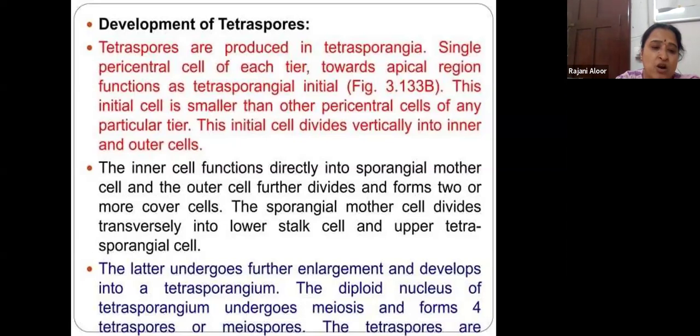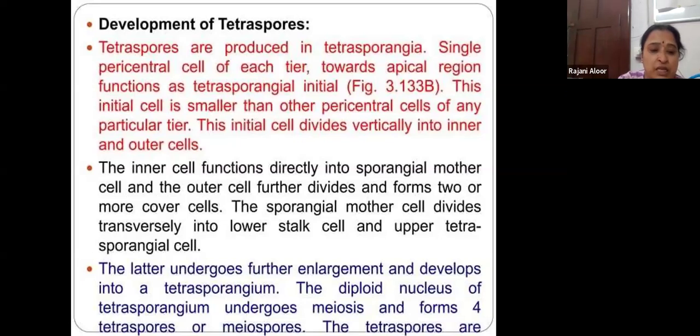These initial cells divide by a vertical division into two cells, an inner cell and an outer cell. The inner cell functions directly as the sporangial mother cell, and the outer cell divides further and forms two or more cover cells.